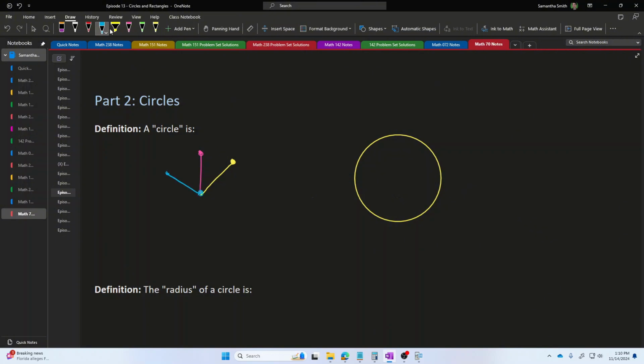And if you allow the person to walk in any direction, the set of all the locations that they end up at the end of the rope is called a circle.